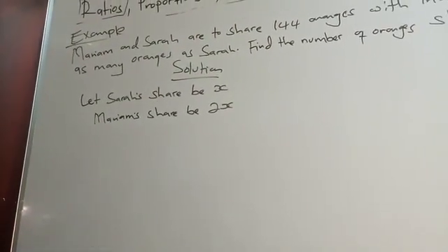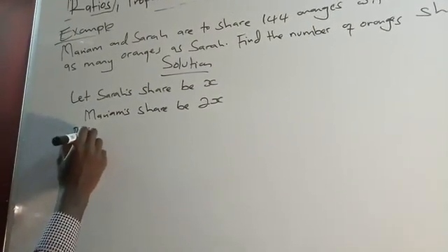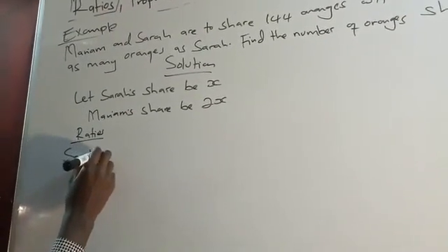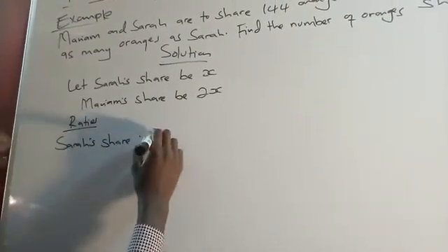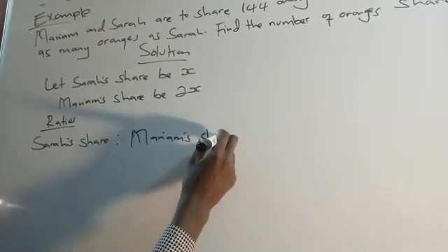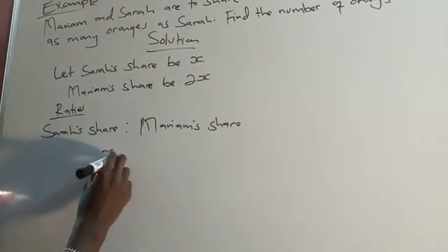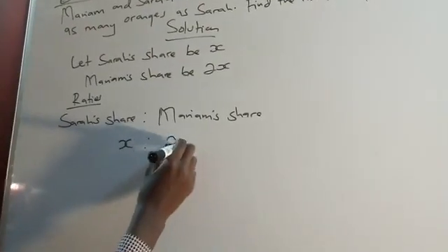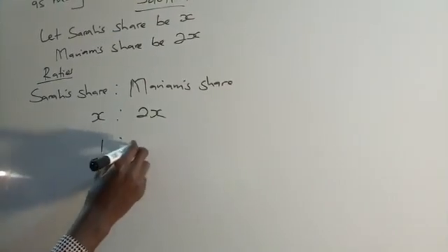So by getting their ratios, it will be Sarah's share to Mariam's share, in which Sarah's share is x and that of Mariam is 2x, meaning that it's 1 to 2.